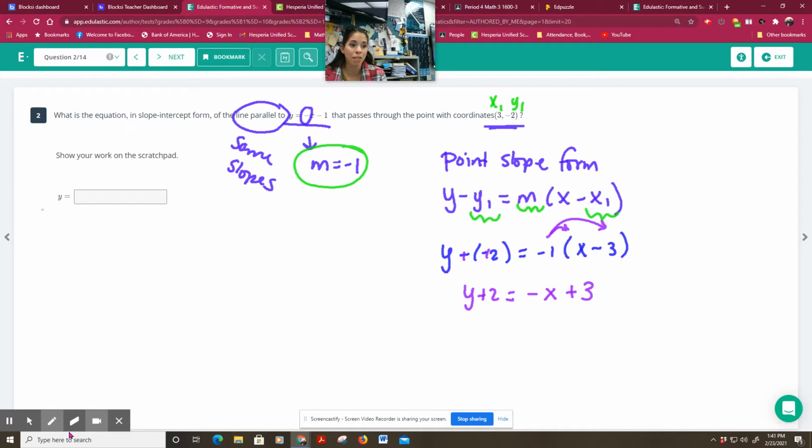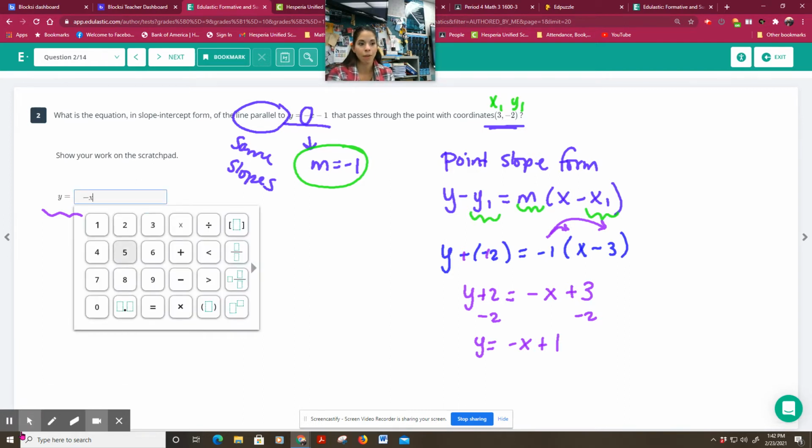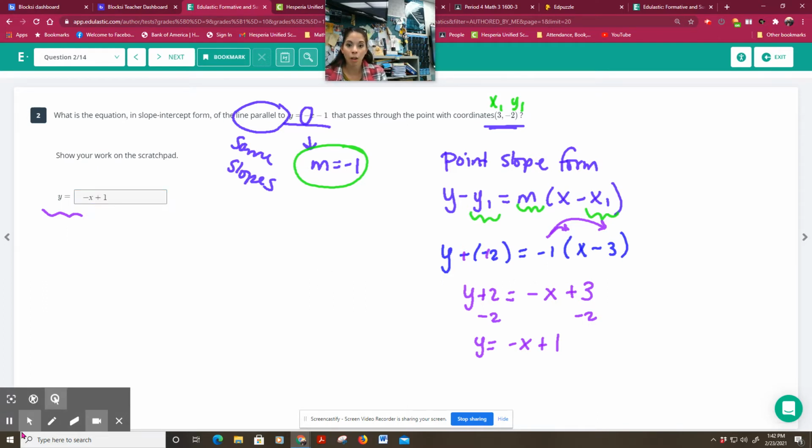And I need to put it in slope-intercept form because it says y equals. So I need to solve for y. So I have to subtract 2 from both sides, and I get y equals -x plus 1. And that's what I needed to type in there. -x plus 1. And all this work should be the work that I see on your paper.